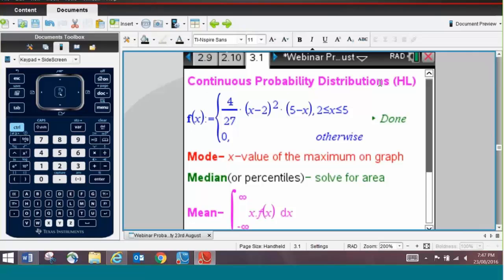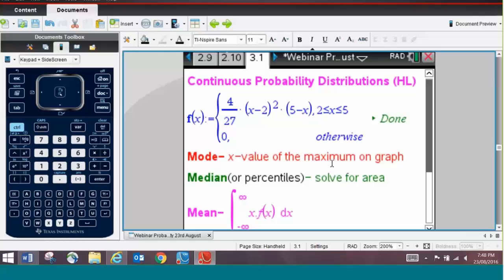So, for the continuous probability distribution, here I've got a fairly standard one, 4 on 27, x minus 2 squared, 5 minus x, where x is between 2 and 5, and it's 0 otherwise. So I've defined that, that's f of x. So the types of things that are required to be found are the mode, which is the x value of the maximum on the graph. So this is something we've seen through the examinations.